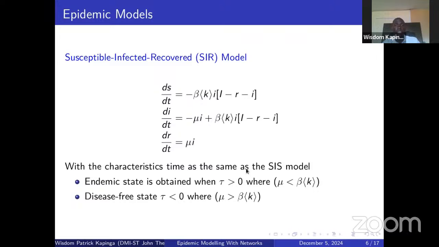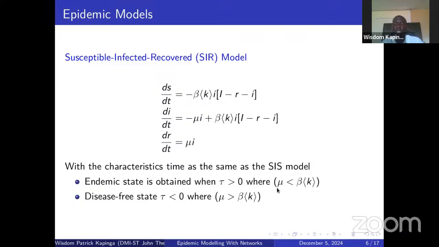depending on whether tau is greater than 0 or whether tau is less than 0. And I have to say that the tau we're talking about here is the same tau that we looked at when we were looking at the SIS model. So we still use the same formula, but we say this pandemic is in an endemic state when tau is greater than 0.